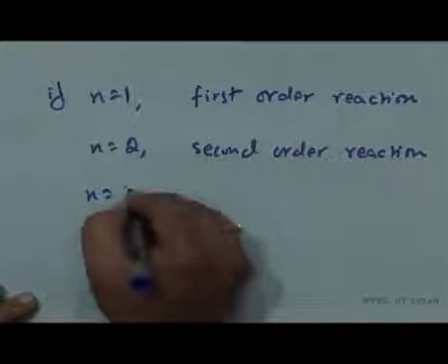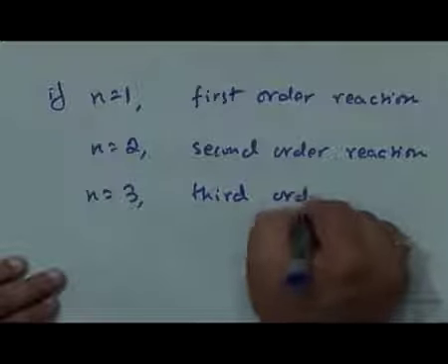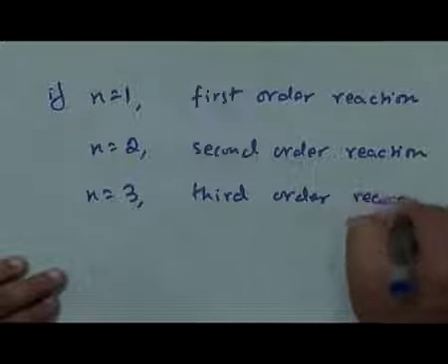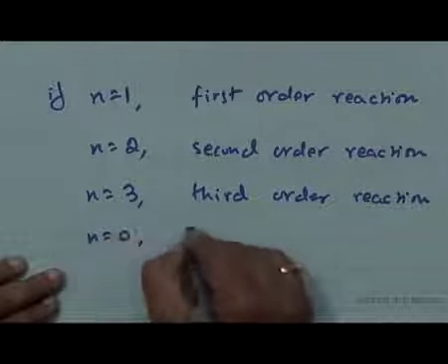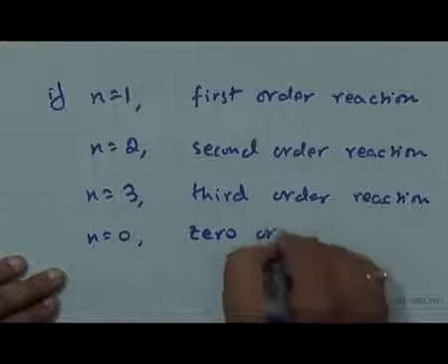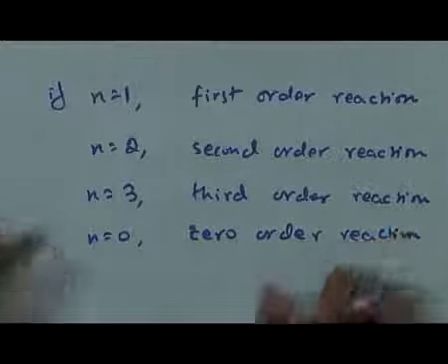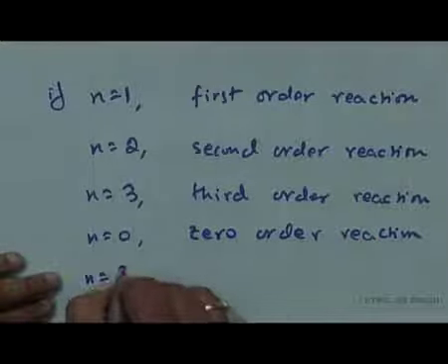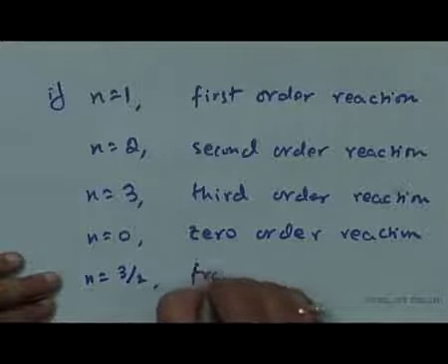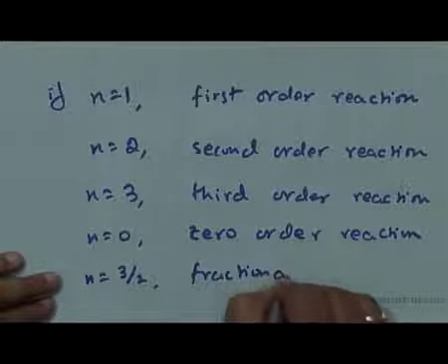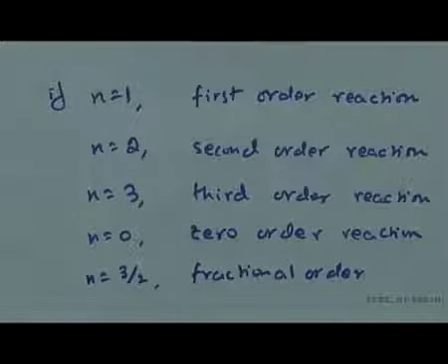If n is equal to 3, likewise it is a third order reaction. If n is equal to 0, it is referred to as a 0 order reaction. If n is 3 by 2, or 3 halves, then you see it is an order which is fractional, that means a fractional order of 3 halves.